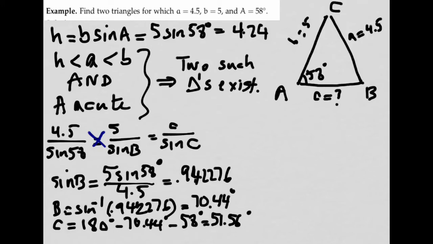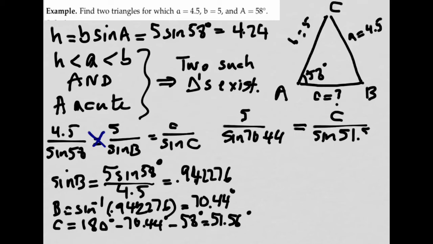And for that, we're going to invoke the law of sines again. So we have 5 over sine B, which we know is 70.44, equals side length C divided by the sine of angle C, which is 51.56 degrees.